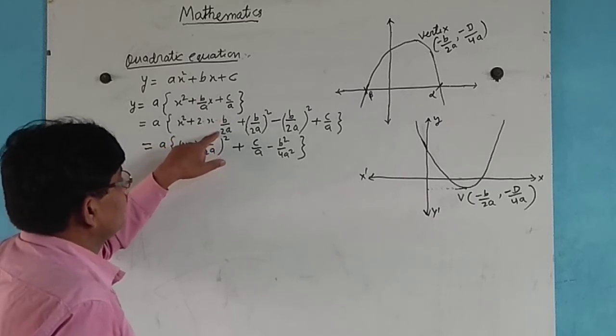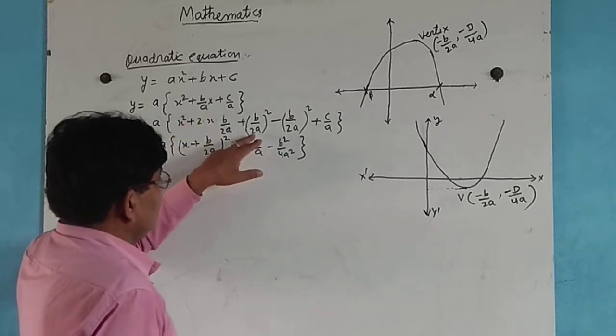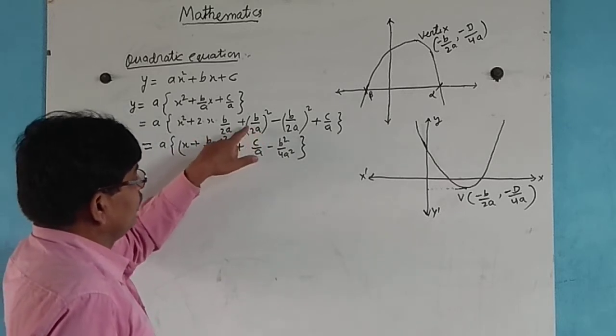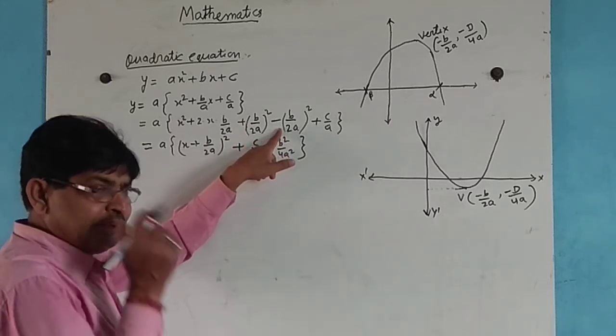If the 2 cancels, that is b by a x, no change, and b by 2 square is added and then subtracted, so that there is no change.